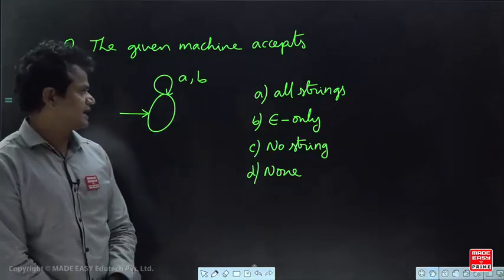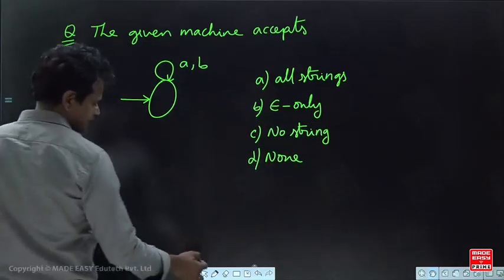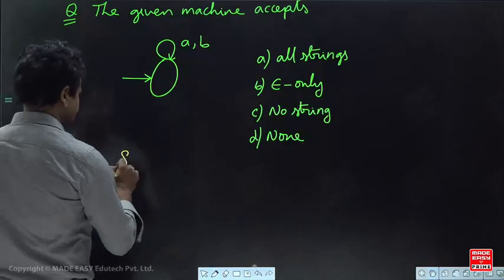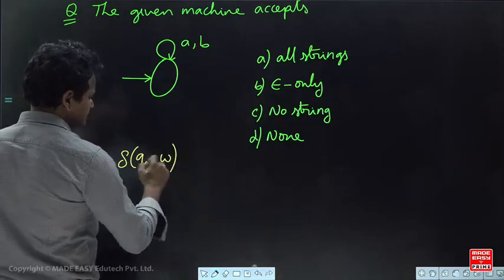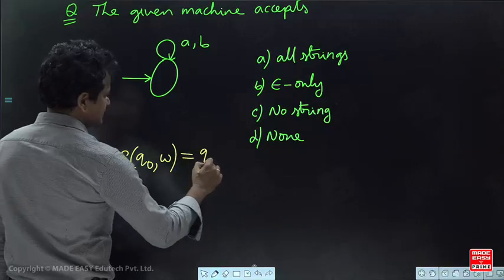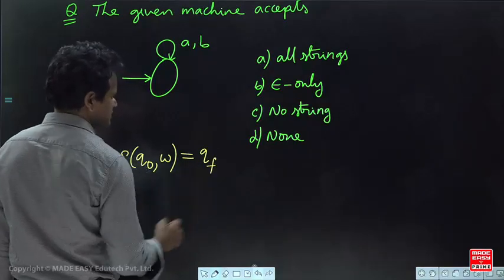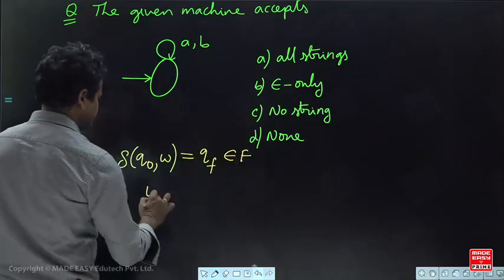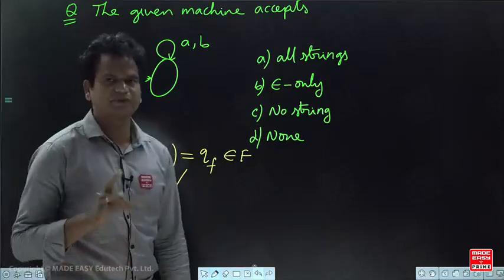The given machine accepts. So yesterday I told you, I repeat, a string is said to be accepted if it starts at the initial state, the string is completed, and when the machine stops, it stops in a final state. Whenever the machine stops, if it stops in a final state, QF, then the string is said to be accepted. If it stops in a non-final state, it is not accepted.